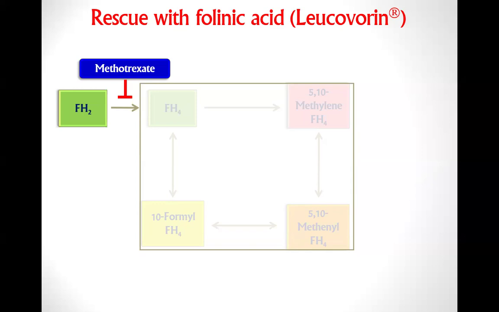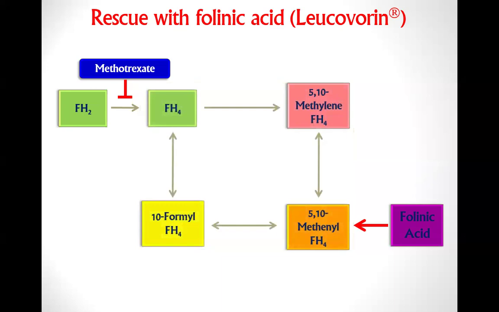But if you come with some clever situation, you invent a drug, folinic acid, which very closely resembles 5-10 methenyl tetrahydrofolate. Conceptualize. Since it is very close to 5-10 methenyl tetrahydrofolate, will it be a substrate for dihydrofolate reductase?